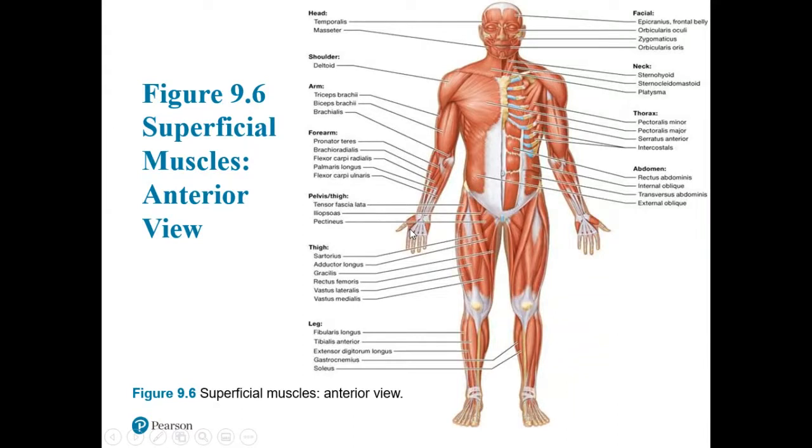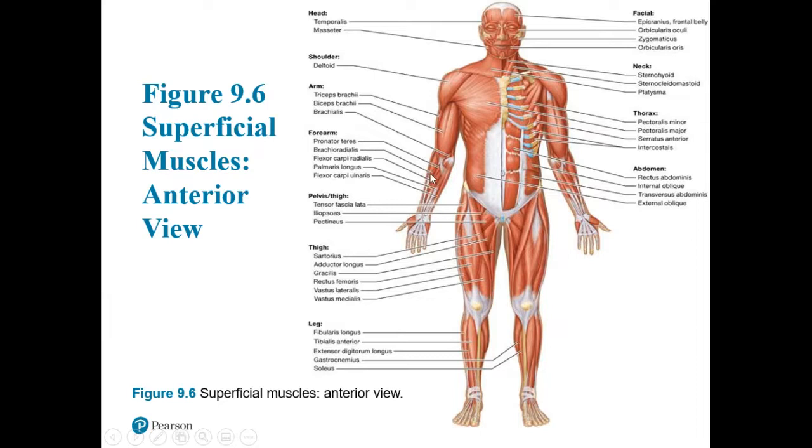So that's the action of your pronator teres. It originates on the proximal end of the radius and ulna, and then it inserts right here through some tendons on the bones of the hand, so you can pronate that hand.